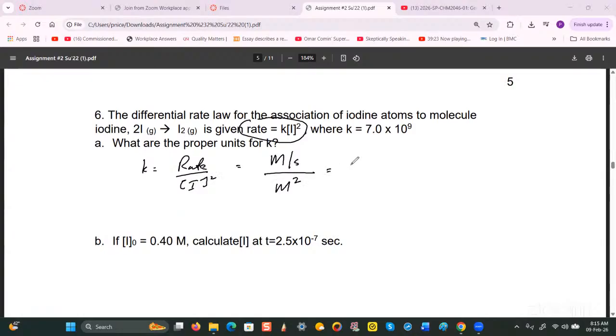And therefore, when we simplify this, you're going to get M minus 1, S to the minus 1 as the units of K. All right? And of course, we're making the assumption that the units of time is seconds. So that's basically the answer for A.